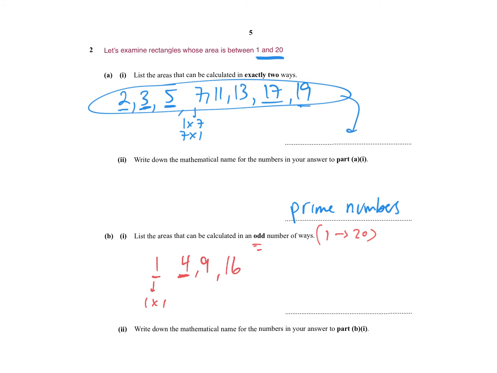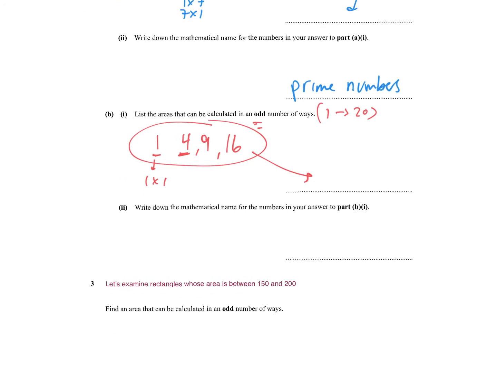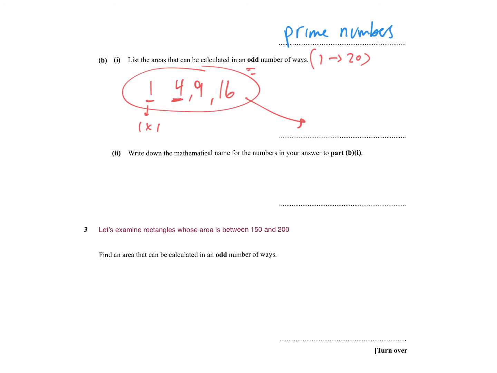And 16. And then again, they ask us, what are those numbers? And they are square numbers, specifically because they're going to need that pair where the numbers are the same, or the factors are the same.